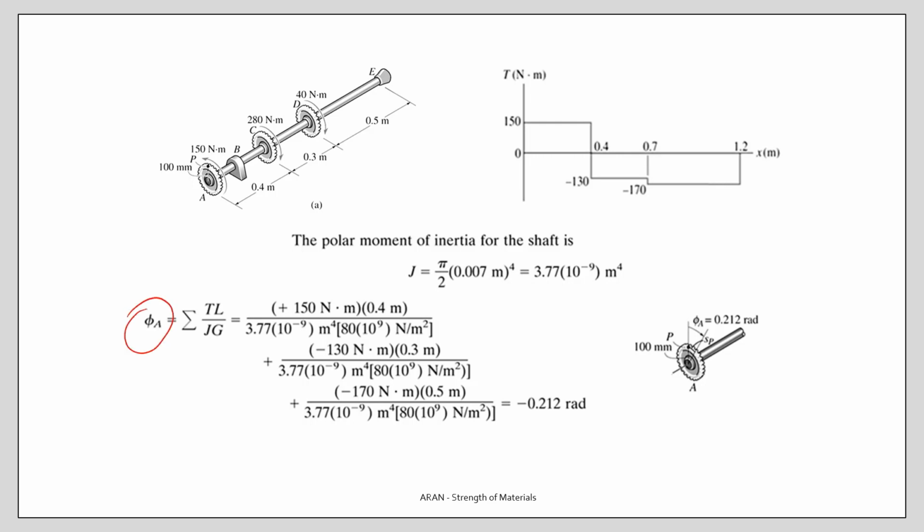For the first region, plus 150, length is 0.4 meters. This is my J and this is my G value. And for the second, well, the direction changes. I have negative 130. For the third region, negative 170. If you do the calculation, the results will be in radians.